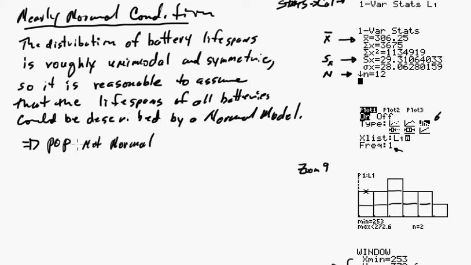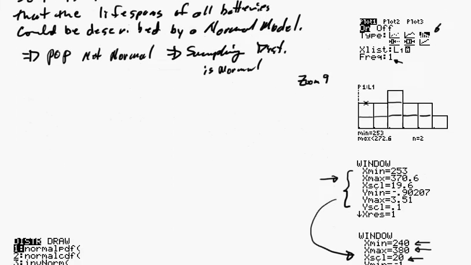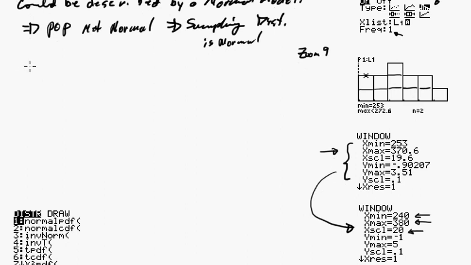Okay, and if the population is normal, then we know that the sampling distribution is normal. So that's a sufficient check for the condition.